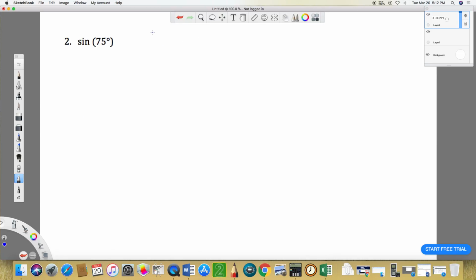Let's rewrite 75. We could write it using addition and just say 30 degrees plus 45. We could do it with subtraction, that 75 is 120 minus 45.